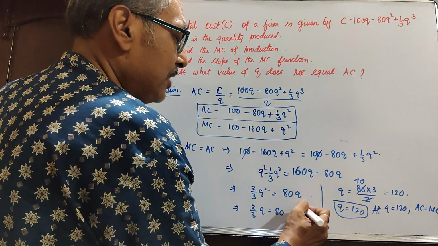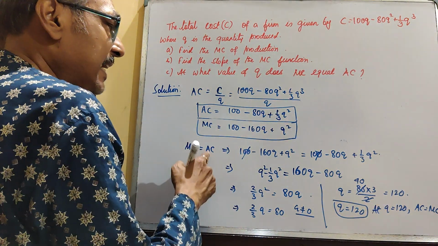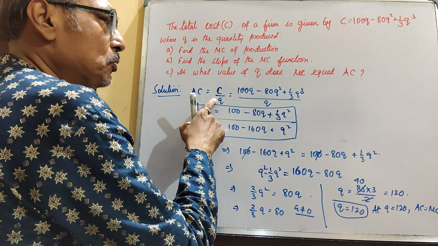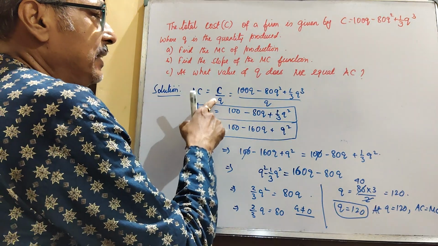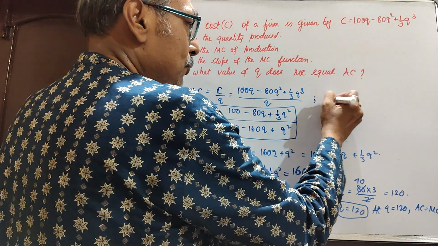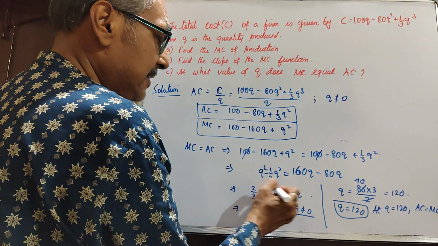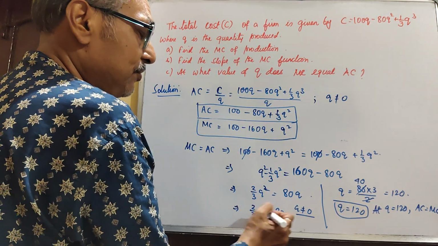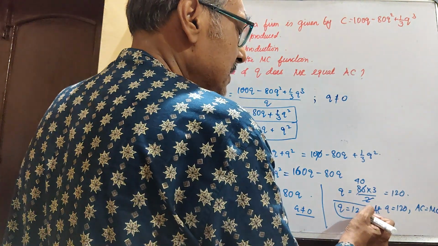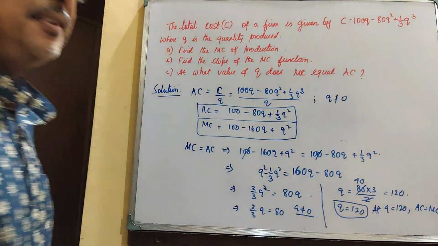Now here we assume Q is not equal to 0, because AC means what? Total cost divided by output. If output becomes 0, then AC becomes undefined. Therefore Q is not equal to 0. Therefore we cancel Q both sides and we get 2/3 Q equals 80, and the value of Q becomes 120, where MC equals AC.